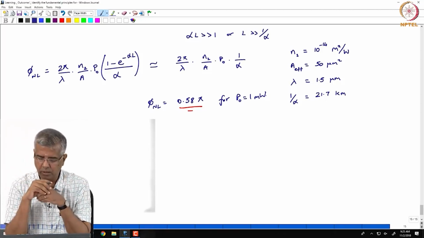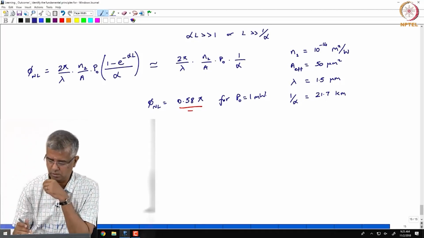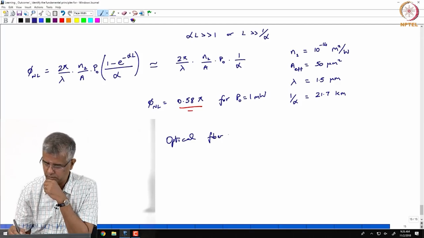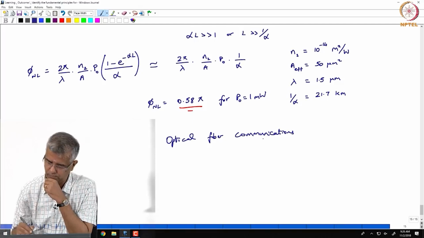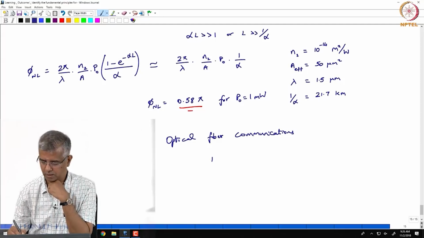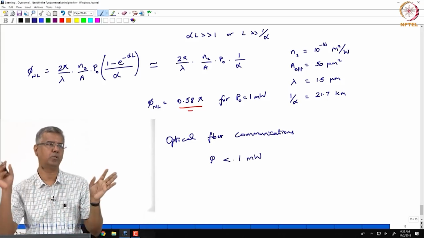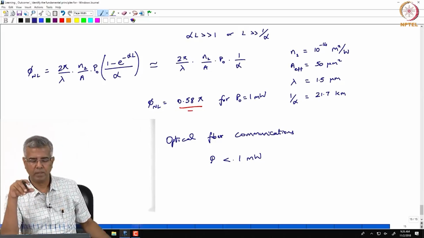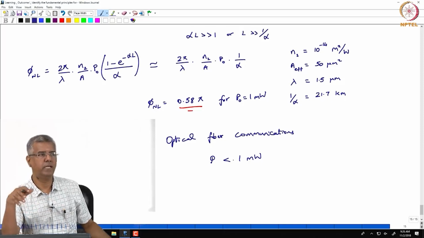So in optical fiber communications, the power level in the fiber, P, is typically less than 1 milliwatt. You do not try to go beyond a milliwatt in communications, because this is one of those non-linearities that can affect your communications. Okay.